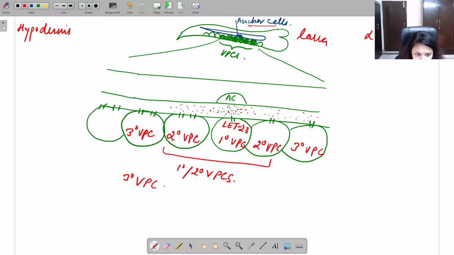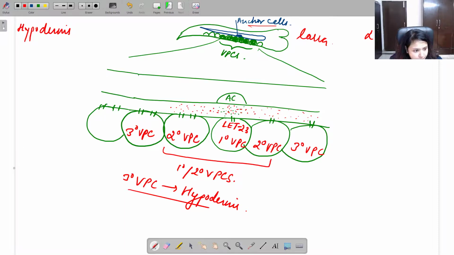Tertiary VPC cannot form vulva. It makes hypodermis, which is the fate of general normal cells. This is the important part with respect to Lin3 and LET-23. Only primary and secondary will form vulva, while tertiary becomes part of hypodermis, as I already told you.